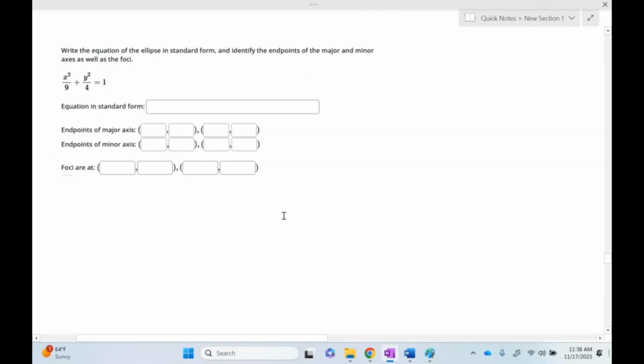So to write this in standard form, it's simply going to be x squared divided by 3 squared plus y squared divided by 2 squared is equal to 1. Unfortunately, you have to put that into this equation part.